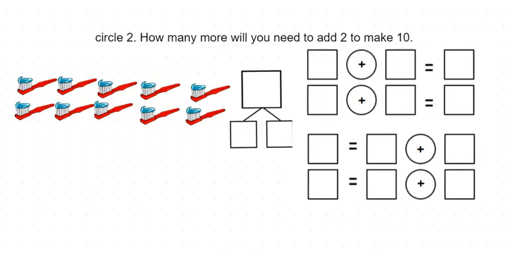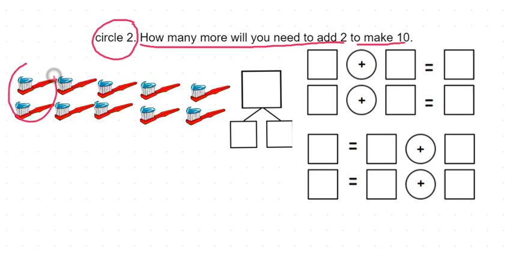Now, in this problem, they are asking us to circle only 2. So it says circle 2. Then, how many more will 2 need to add to make 10? So let's start off by circling 2 pieces. So we circle 2. How many does 2 need to make 10?